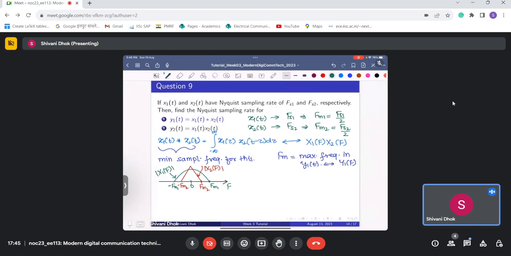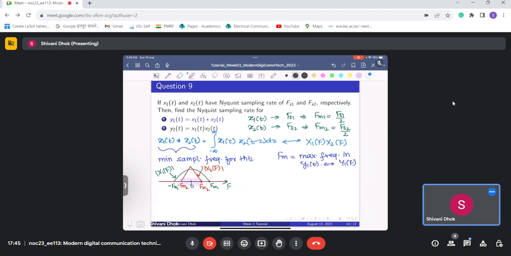Now these two get multiplied pointwise, which means that if this part is 0 from here to here like this, then the only frequency range that will survive will be this.